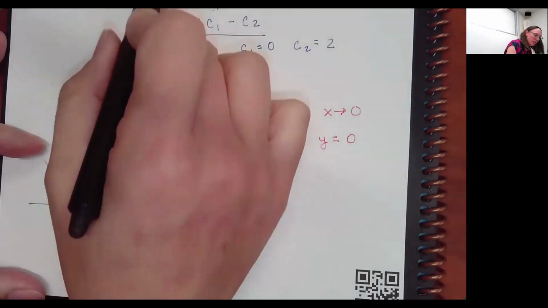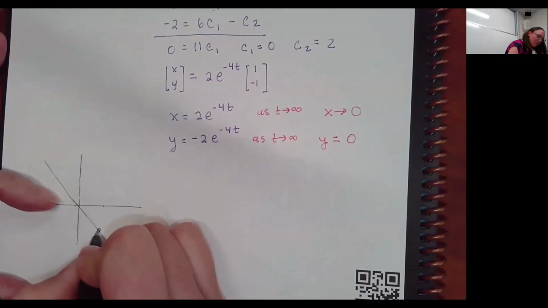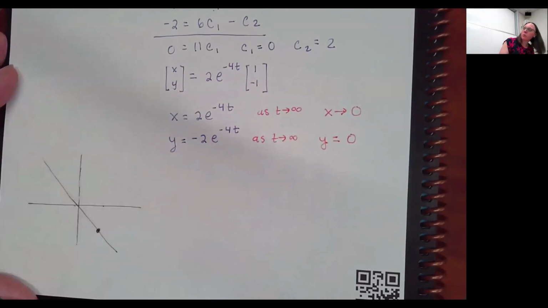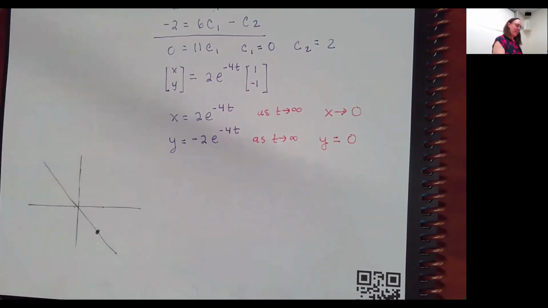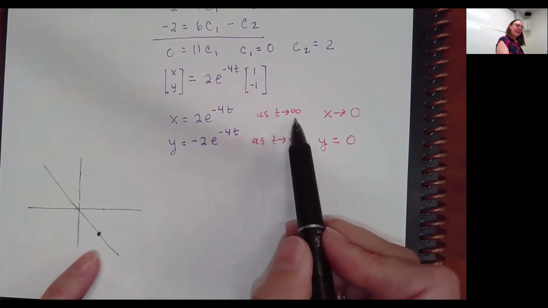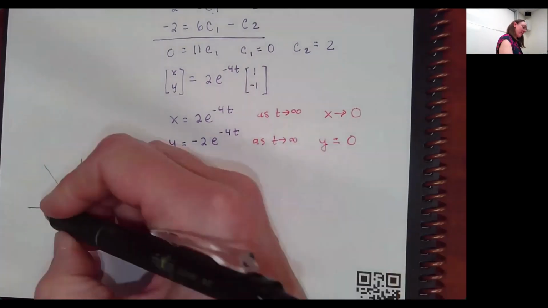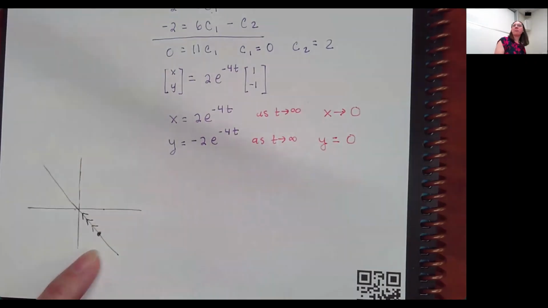Because my initial condition was that x was 2 and y was -2. That's my starting point. And along that eigenline, as t approaches infinity, x and y both go to 0. So I'm traveling along the eigenline and I'm heading into 0.